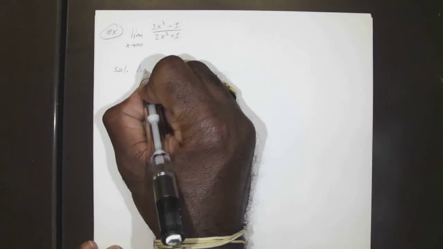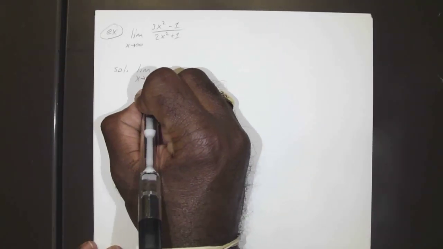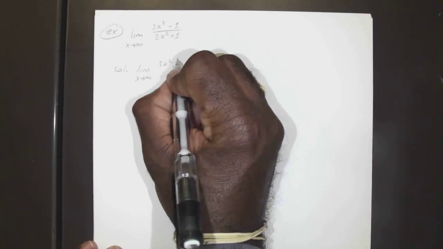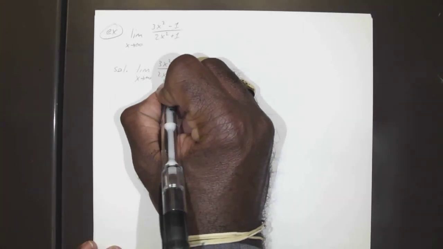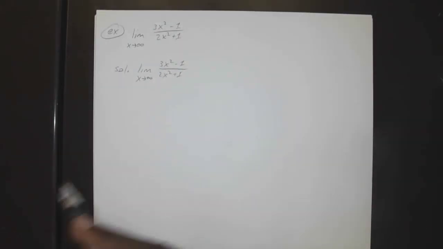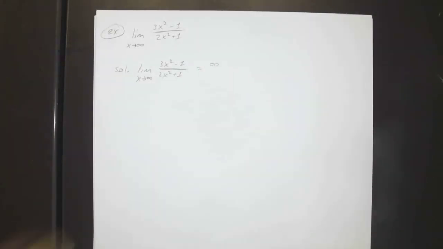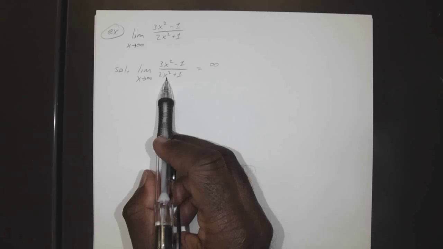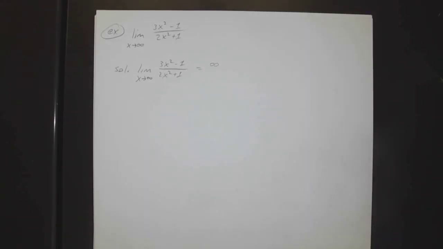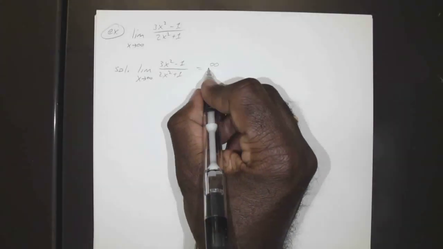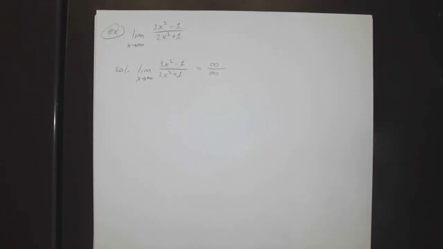Here, if x keeps getting bigger and bigger, your numerator just keeps getting bigger and bigger, so that becomes infinity. And your denominator also gets bigger and bigger, so you're left with infinity over infinity, which is one of our indeterminate forms.